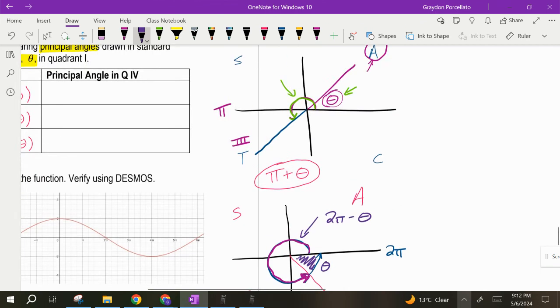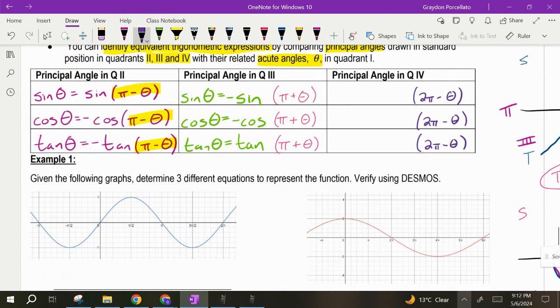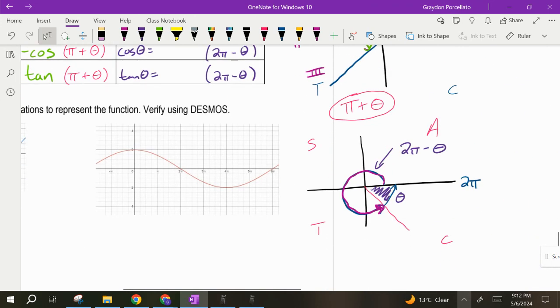So we're going to write that. We do the same thing. 2 pi minus theta, 2 pi minus theta, and 2 pi minus theta. Now we start with our sine theta, cos theta, tan theta. And all we're doing here is saying, which one of those ratios is positive in this quadrant?